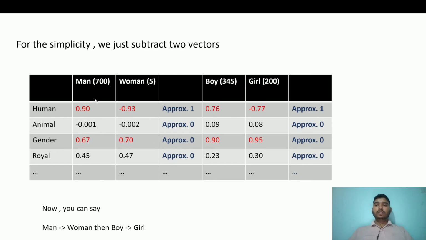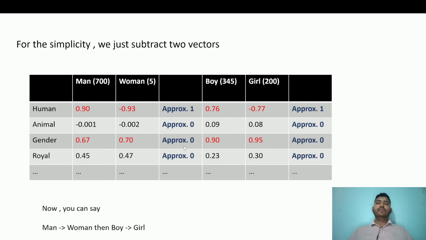So here as you can see, man and woman are highly connected with human. So corresponding to the human feature, if the word man is similar to woman, then obviously boy is similar to girl, as both values are 1 and the rest are 0.